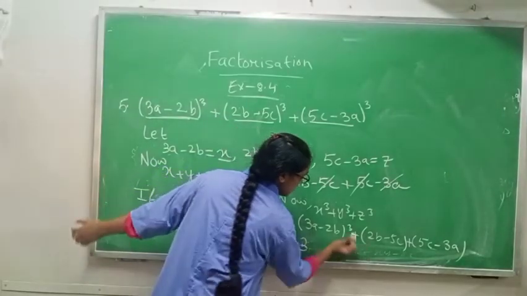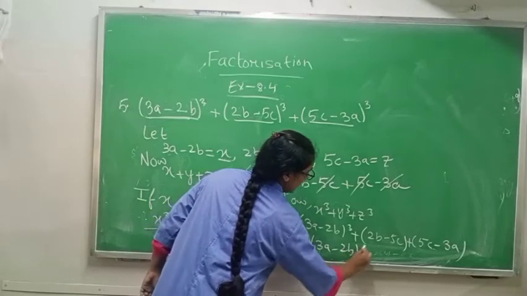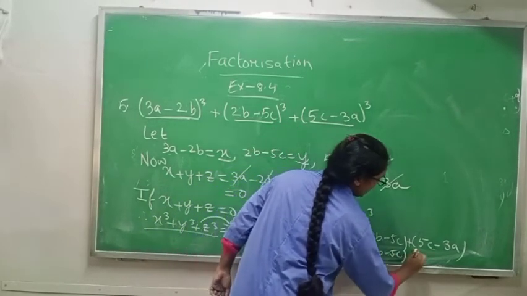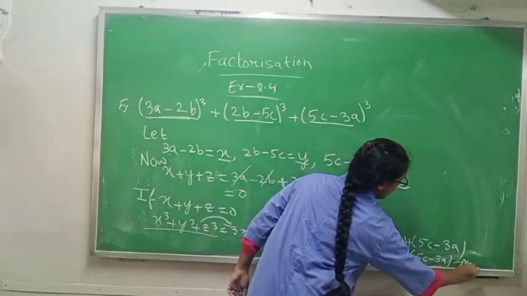You have to write 3 because it is in the formula. x is 3a minus 2b, then y is 2b minus 5c and z is 5c minus 3a. This one is your answer.